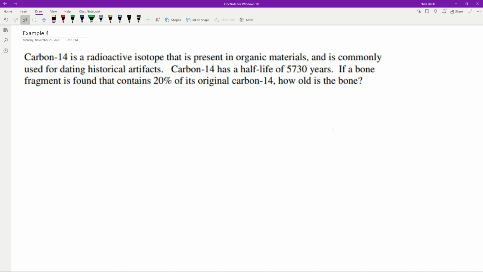So in order to find out how old this bone is, we first have to find an equation for the decay of the carbon-14. We could use either a continuous or an annual decay formula, but we're going to use the continuous decay formula because it's more common in scientific texts.